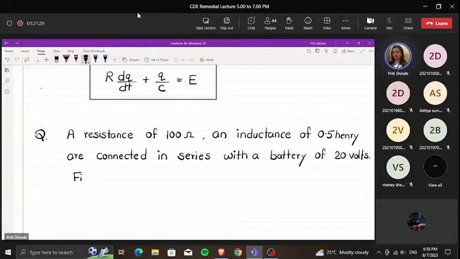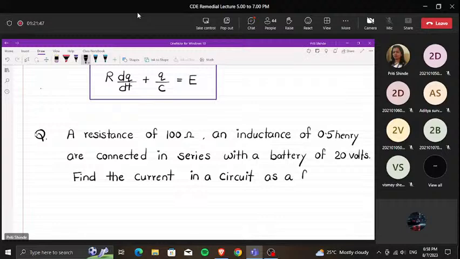Find the current in a circuit as a function of t.